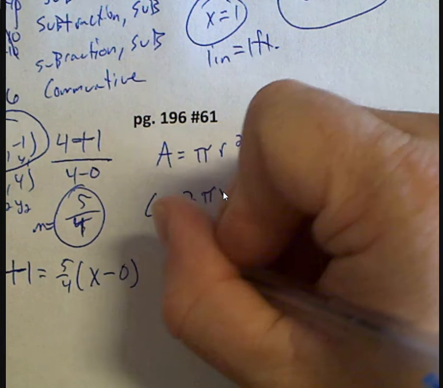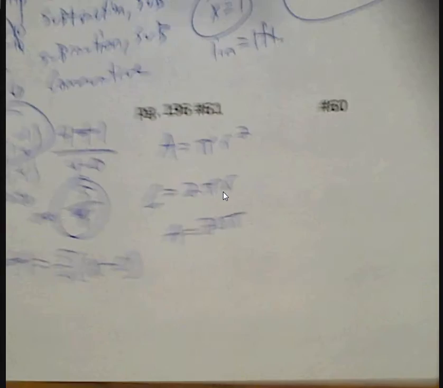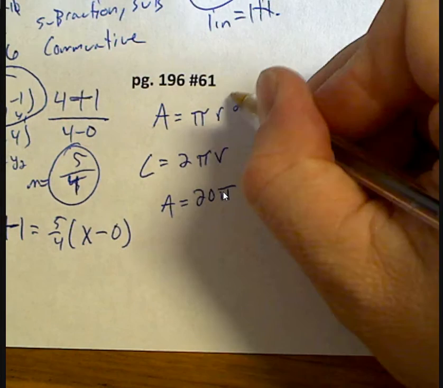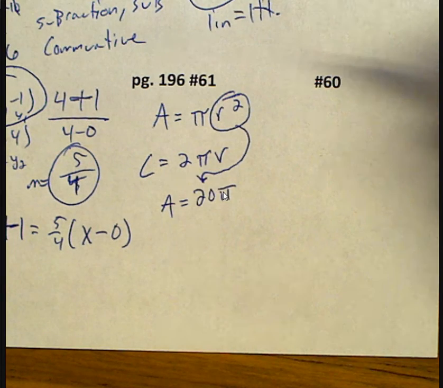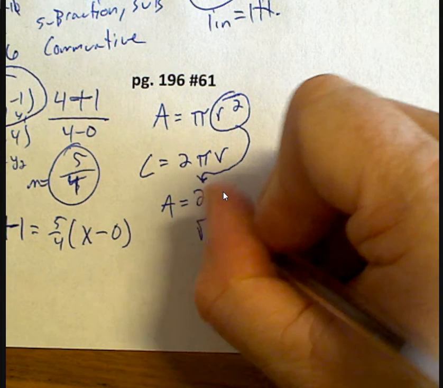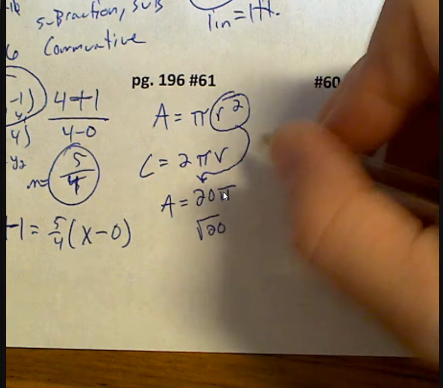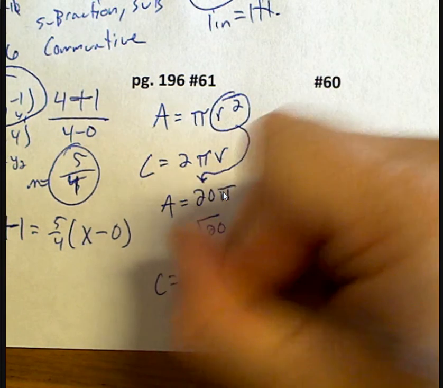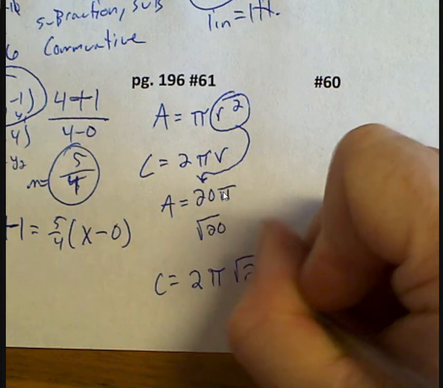They gave me the area is 20 pi. That means r squared has to be 20, so my r would be the square root of 20. Then my circumference would be 2 pi times the square root of 20.